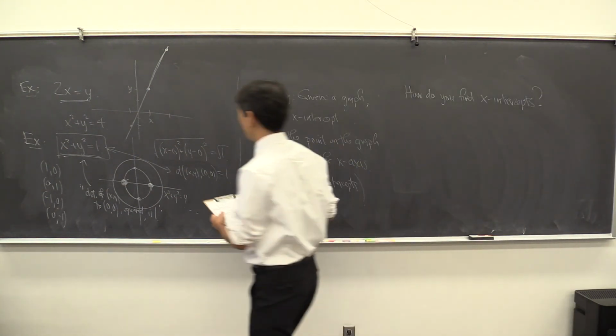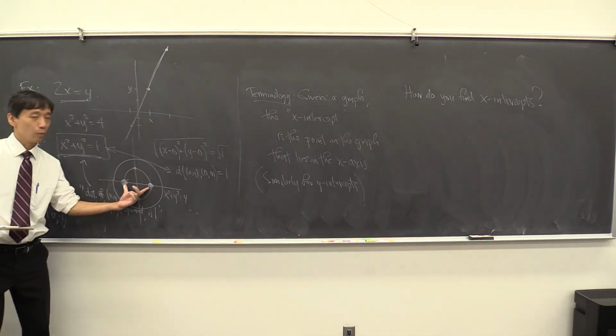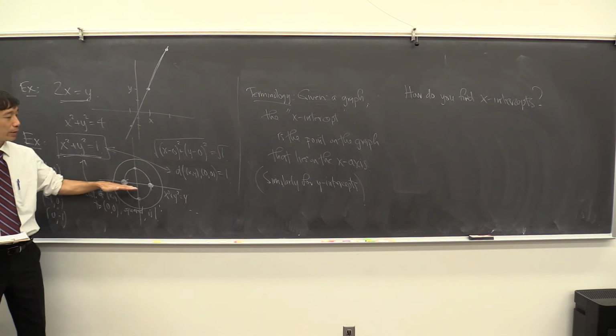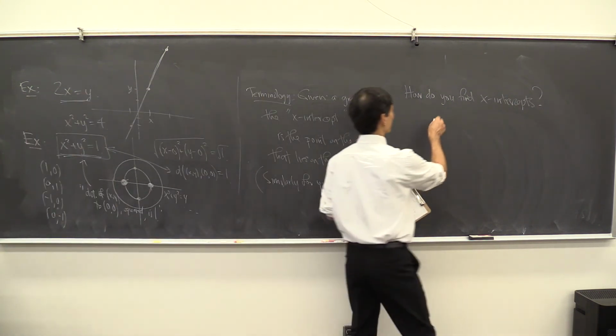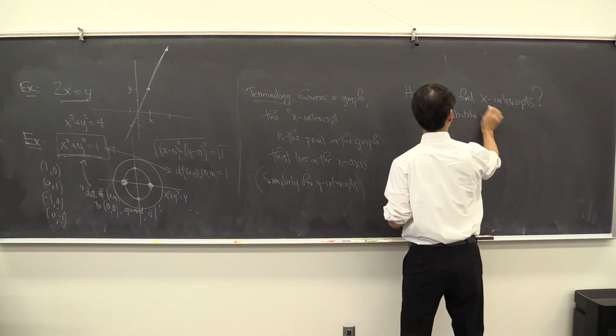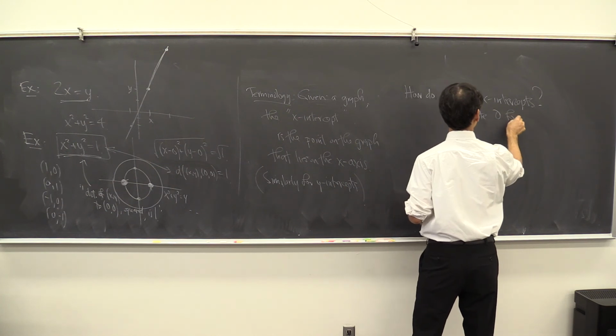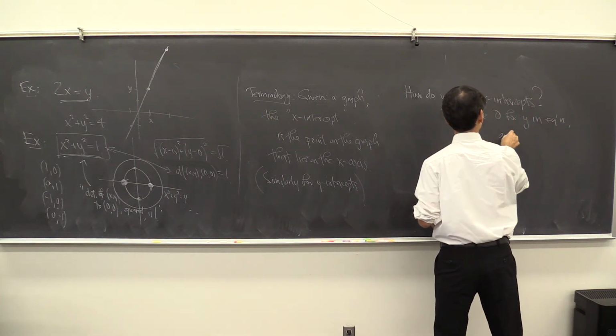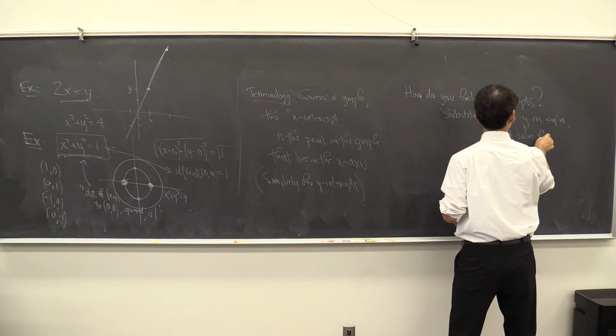Well, you know that the y-coordinate has to be 0, right? The y-coordinate of an x-intercept has to be 0, right? So just substitute 0 for y in the equation and solve for x.